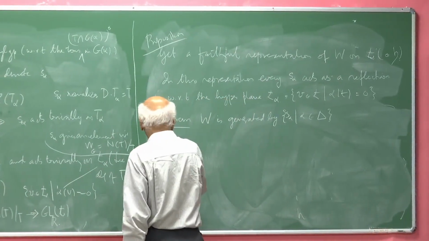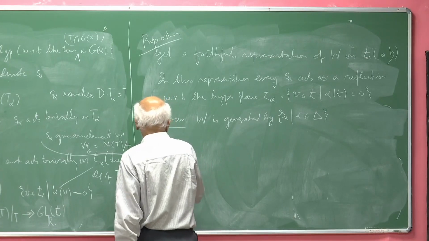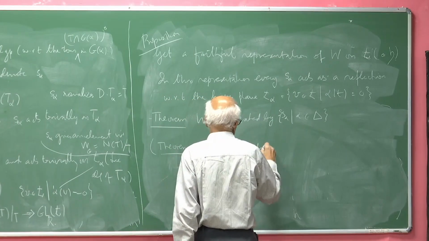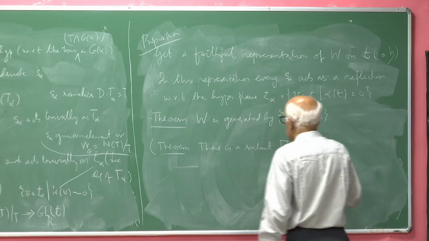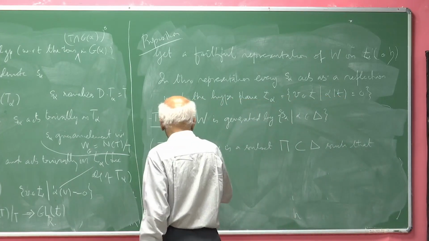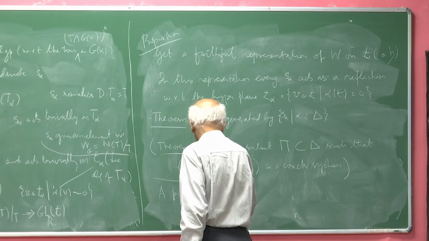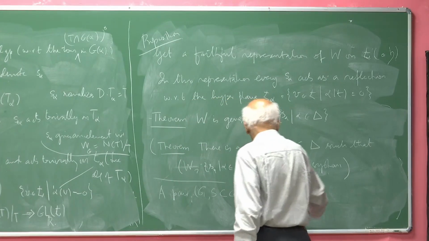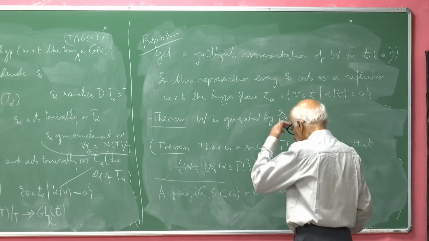This is the theorem which I will not prove, but let me state it all the same. There is a subset phi in delta such that W, with the generating set S a subset of W, is a Coxeter system if the following holds.